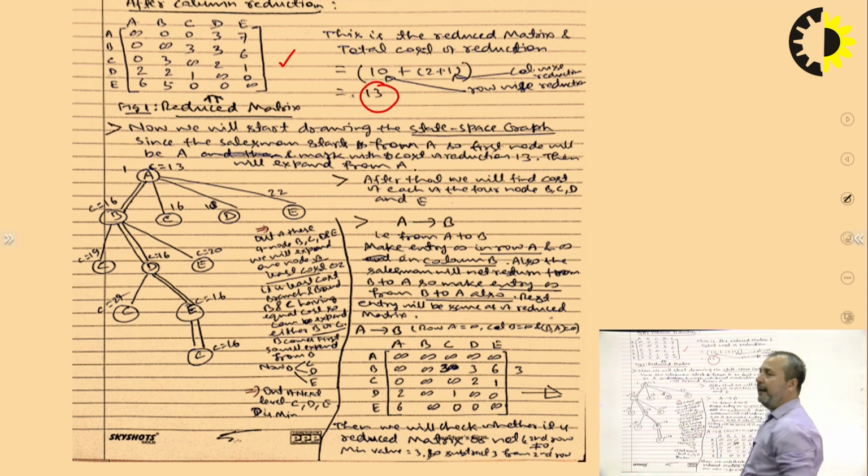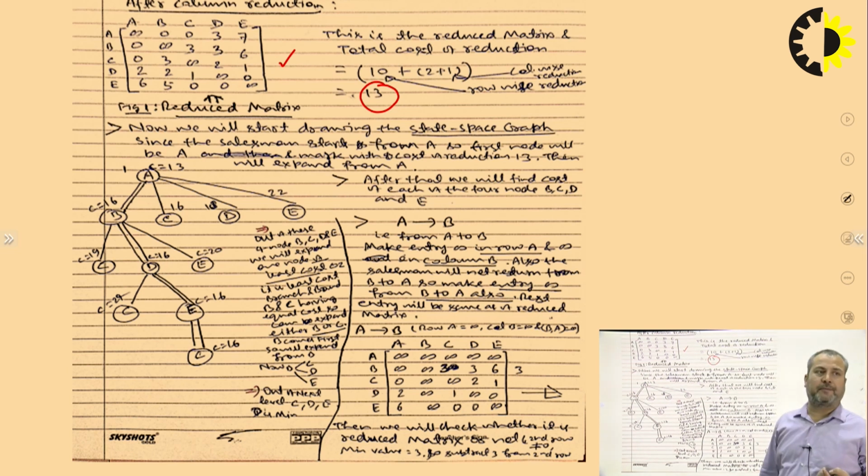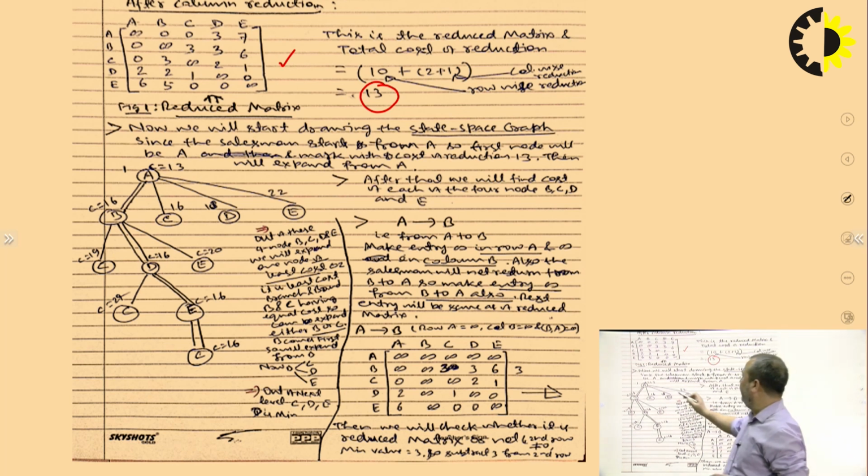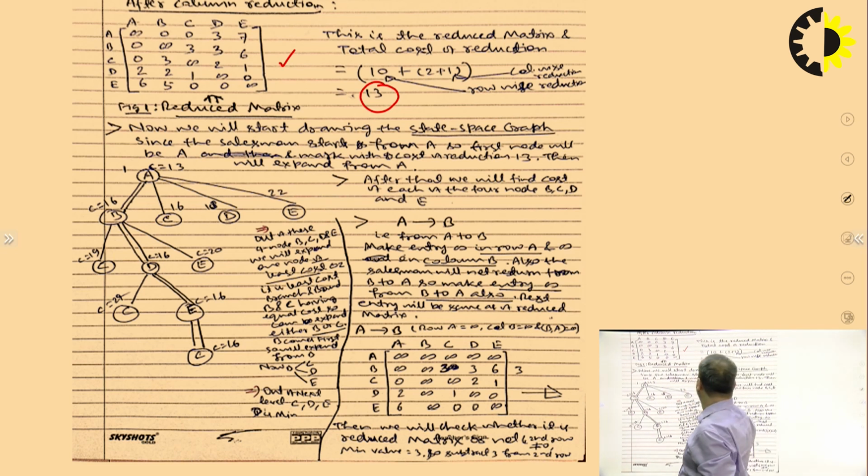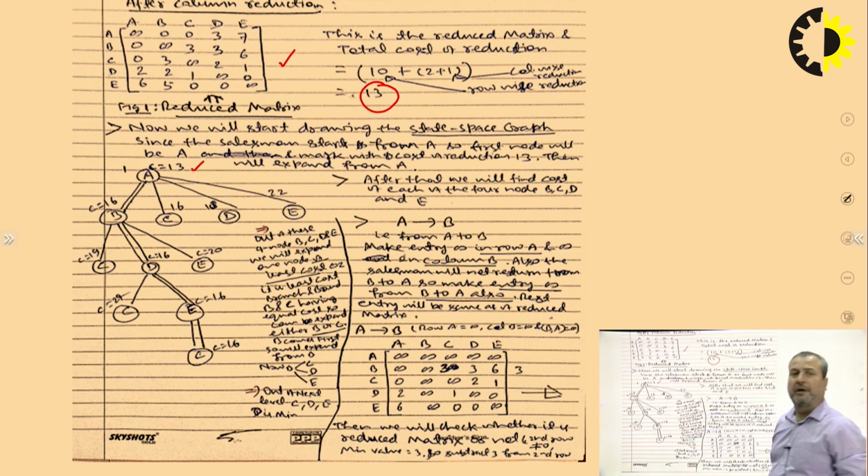Once we get the reduced matrix, after that we will make the state space tree. Since we have started from A, we write the cost from A. Total cost will be 10 plus 3, 13. So we will write the cost here and that becomes 13.